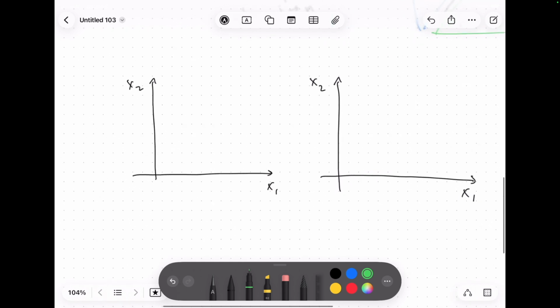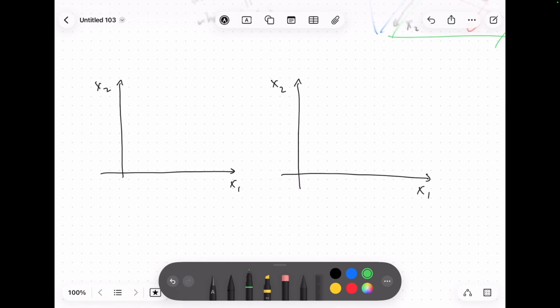So let's suppose I have data that looks like this. And then let's suppose that I have data that looks like this.